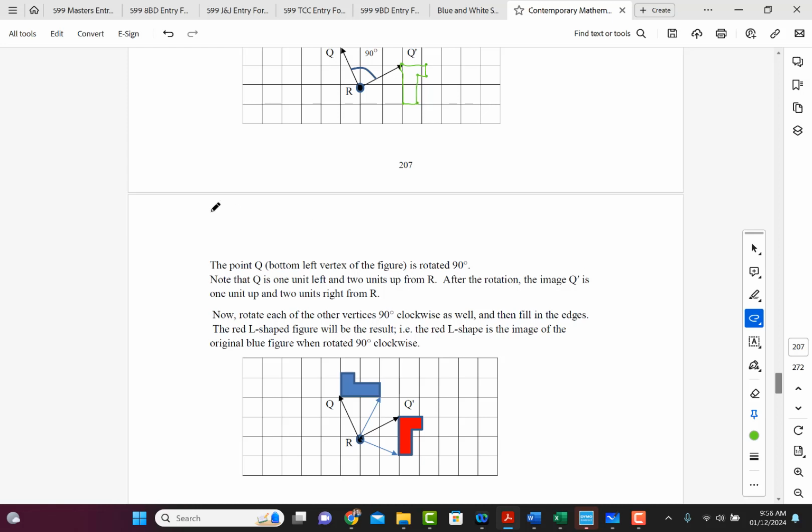So the point Q, the bottom left vertex of the figure, which is right here, is rotating 90 degrees. Note that Q is 1 unit left and 2 units down from R.